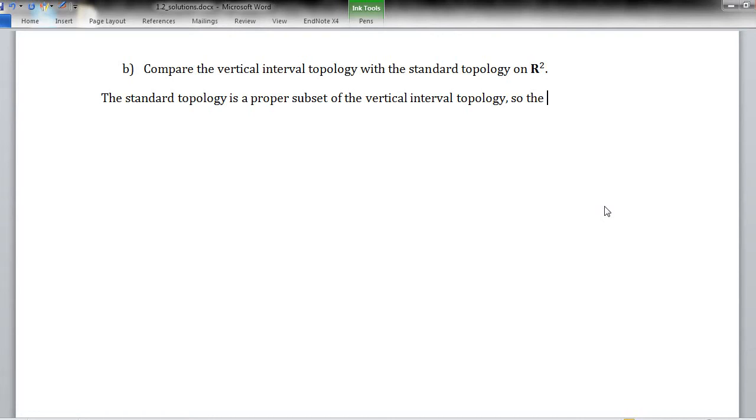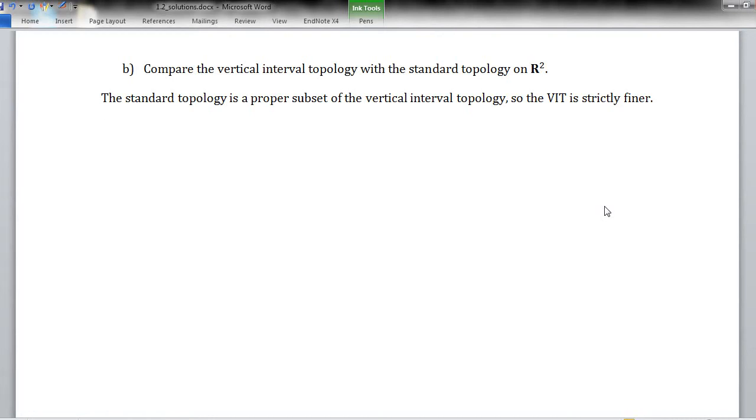So I'm going to abbreviate that by VIT, vertical interval topology, is strictly finer. And said in another way, the standard topology is strictly coarser.